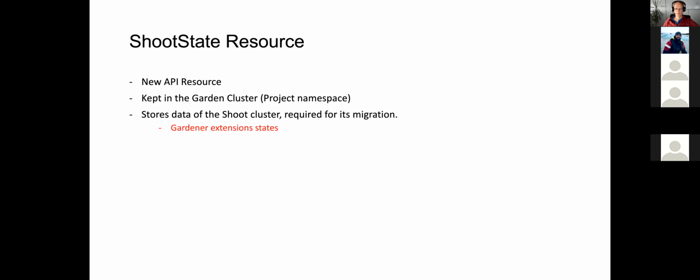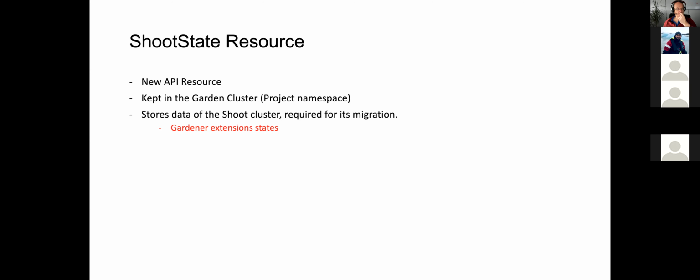So during the extension controller reconciliation, if such state is not empty, we consider we are during the process of migration, and the controller should know how to recover itself. An example is the provider extensions. Currently, they store the Terraform state config in the infrastructure resource.